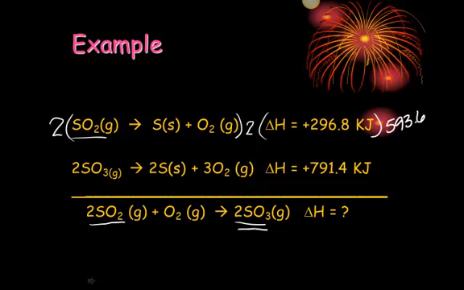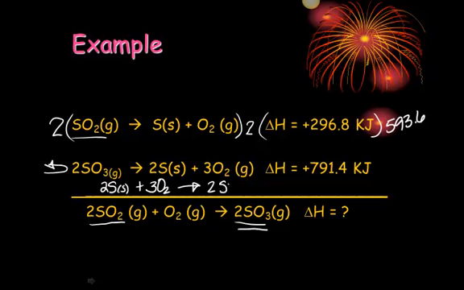In the second given reaction, I have sulfur trioxide, and I have the right quantity, 2 of them, but it's on the wrong side. So what I need to do with that reaction is flip it. In other words, I'm going to write it the reverse of the way it is here. So I'm going to have 2 sulfur solid plus 3 oxygen gas yields 2 sulfur trioxide.